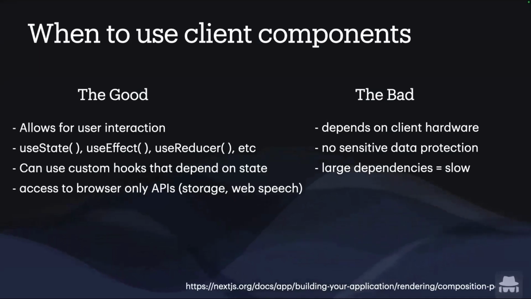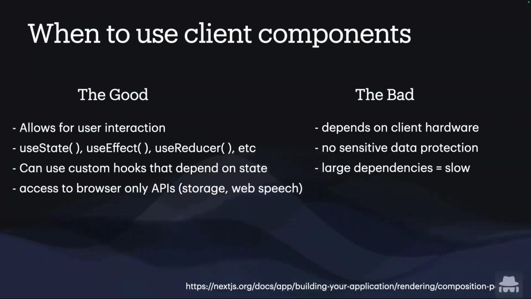The good for client components is it allows for user interaction. You can use state, use effect, use reducer. You can use custom hooks that depend on the state, and you have access to browser-only APIs. The bad, it depends on the client's hardware.